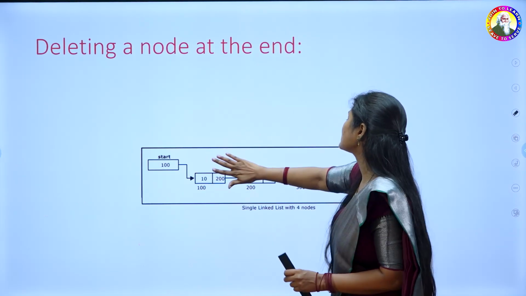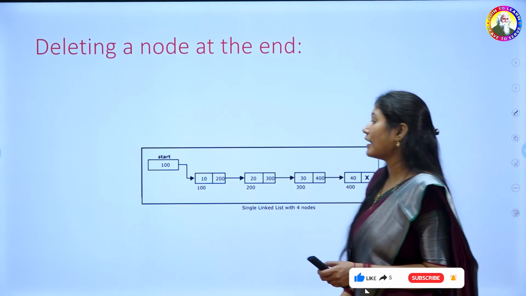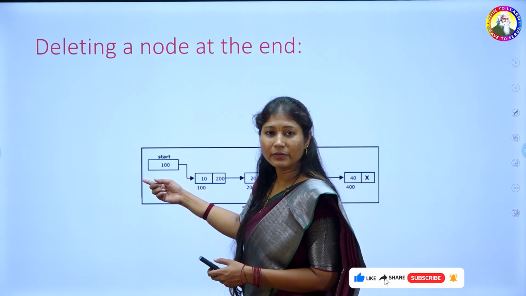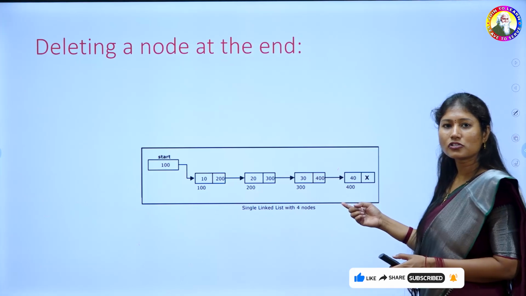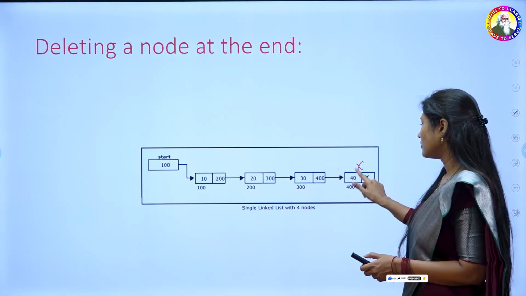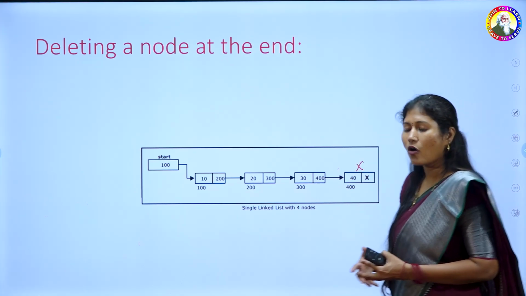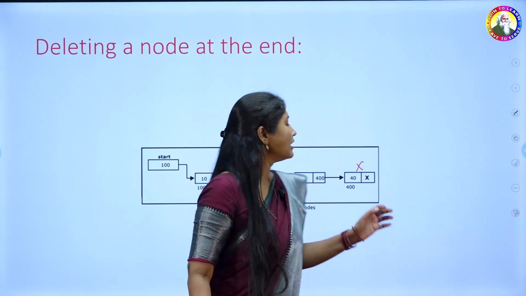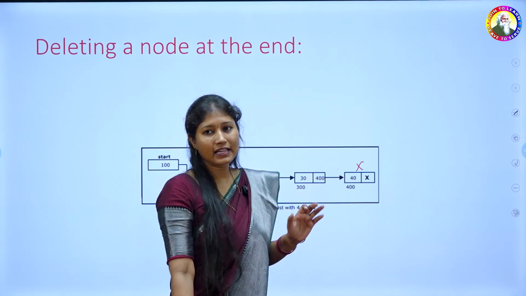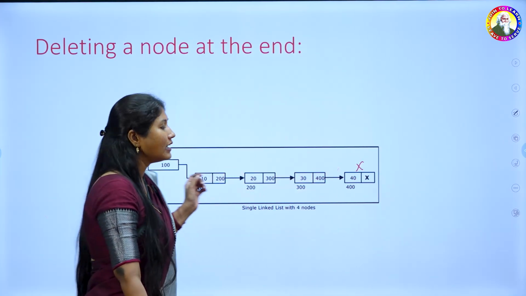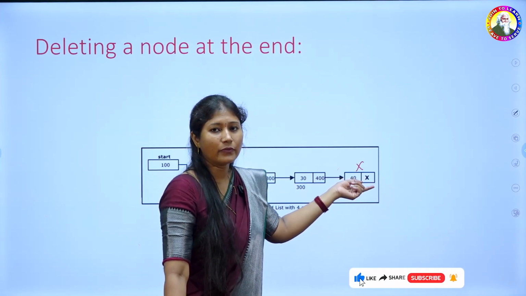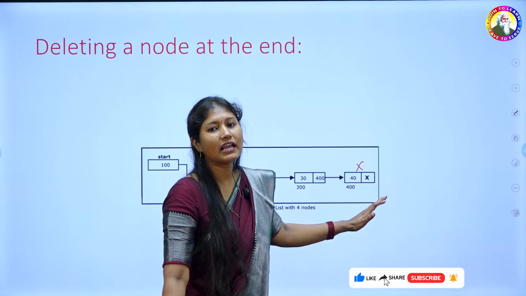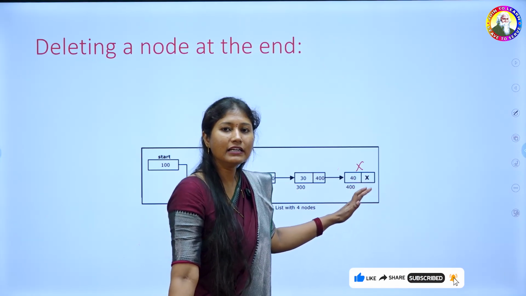How can I get the last one? I need to start traversing from the beginning till I reach the last pointer. How can I say that I am at the last position in a single linked list? The last node is going to have the address null, which indicates that this is the last element in a single linked list.